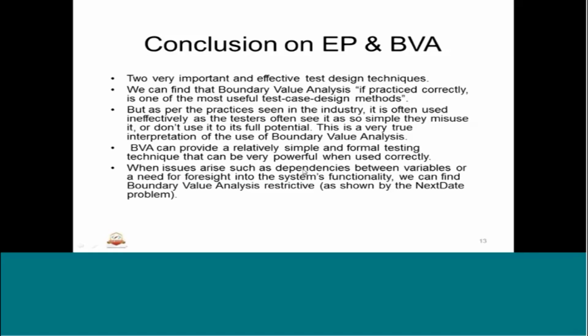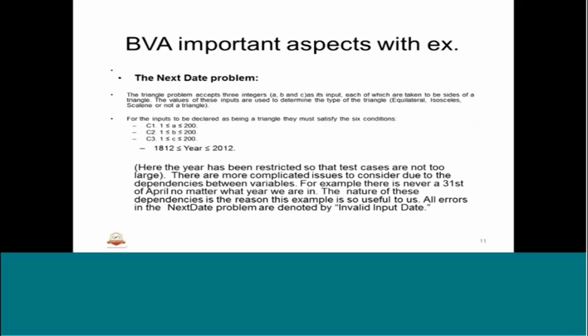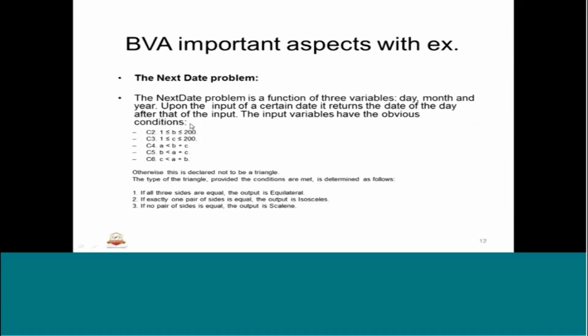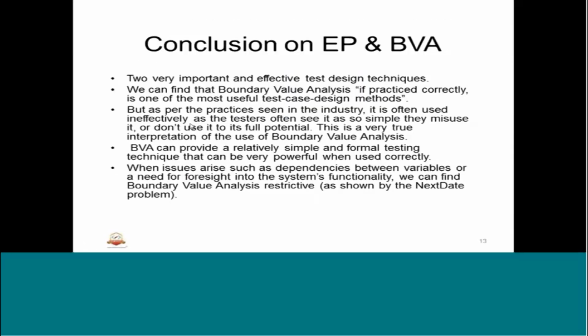When issues arise such as dependencies between variables or the need for foresight into the system functionality, we can find boundary analysis restrictive. For example, take the next day problem. A realistic boundary value should allow a user to give month as April and day as 31, but this is not a realistic input for an embedded system having a day as implemented functionality.